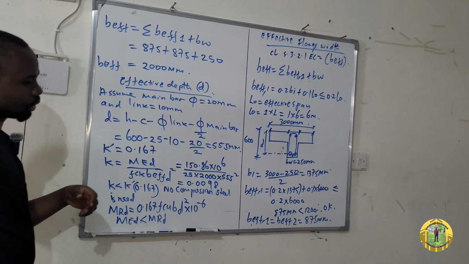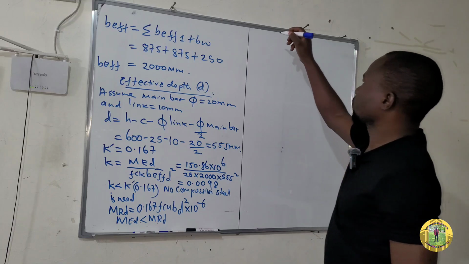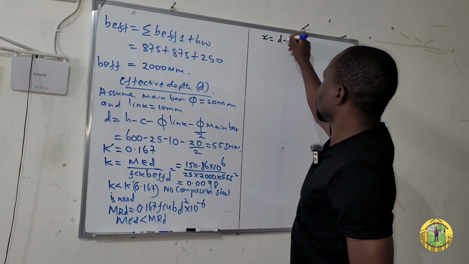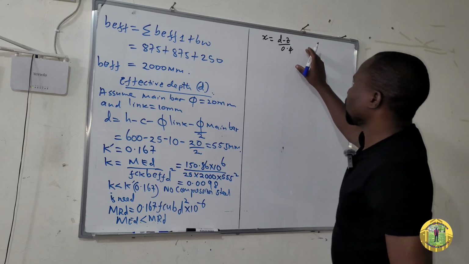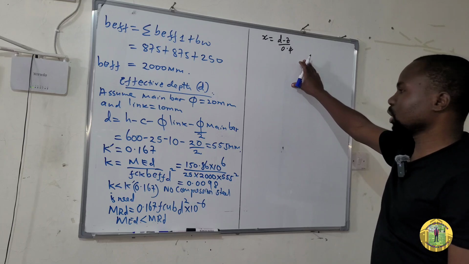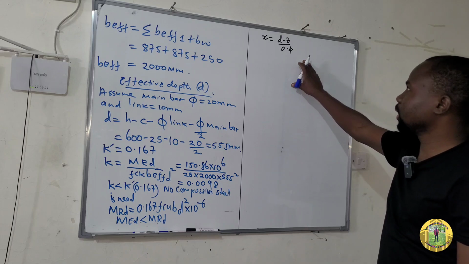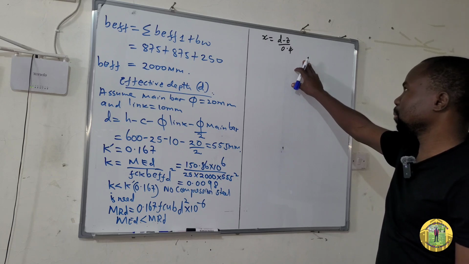So that is it. Now let's calculate the neutral axis, which is X. So X is equal to D minus Z over 0.4. Why are we calculating this X? It is important to calculate X because it will help us to know if we will design this beam as a rectangular beam or as a true T beam.